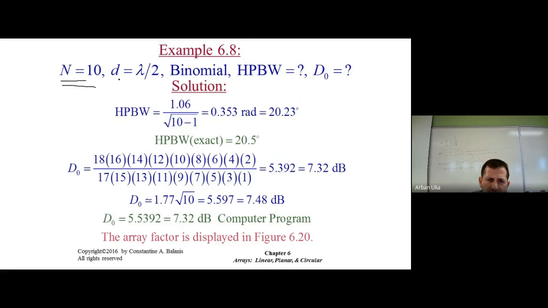It's going to be 10. The distance between the two components is going to be half the wavelength, and we need to use the expression for the half power beam width, which in this case looks like it's going to be 20 degrees, measured in degrees, but this is the approximation that we use. The exact value is going to be something around 20.5.